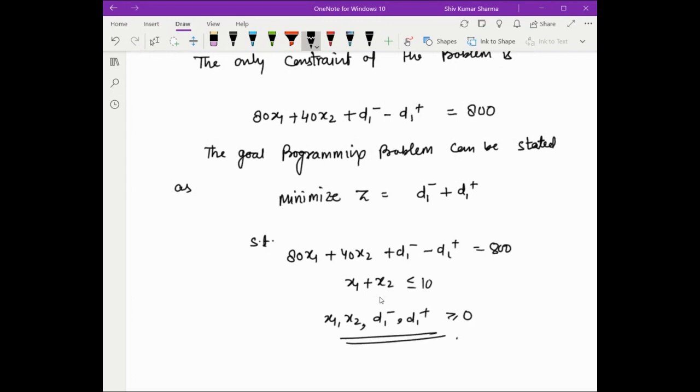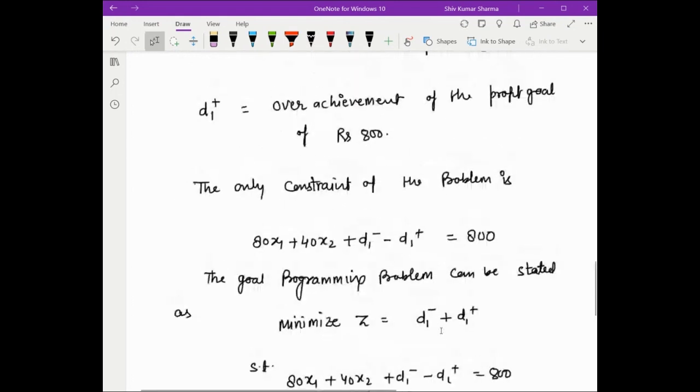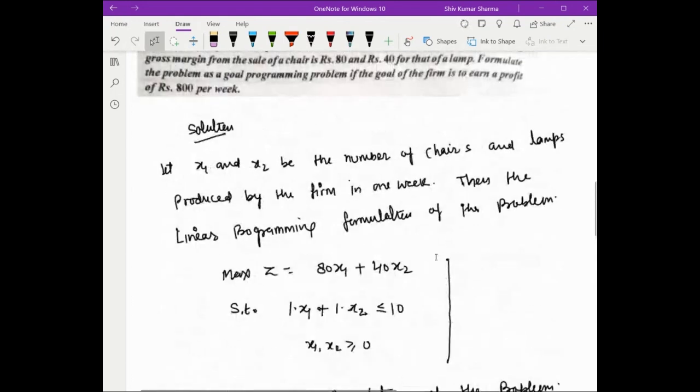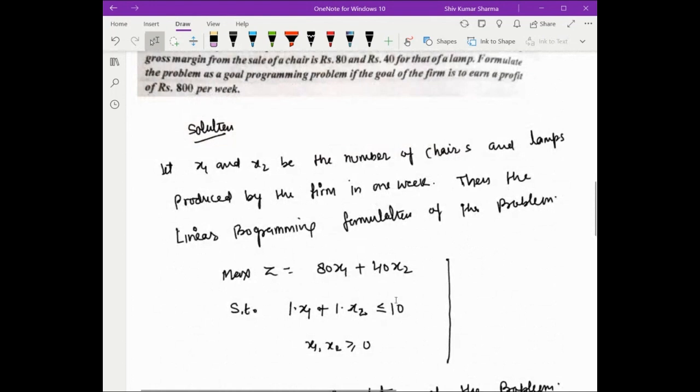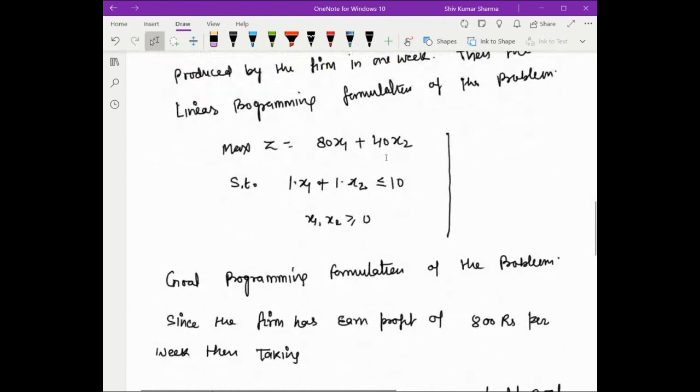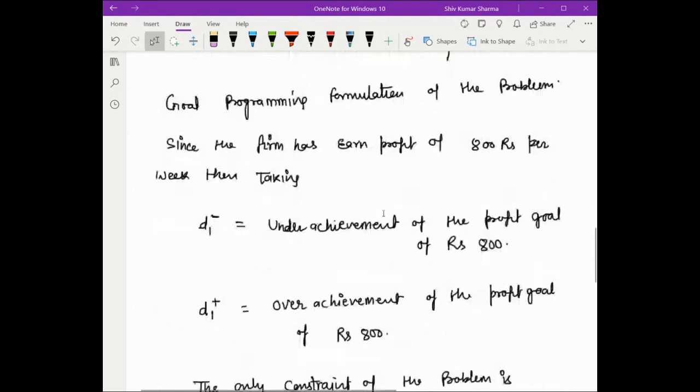So this is the formulation of the problem. We just formulated the problem of the production of chairs and lamps. First we write the linear programming problem, and according to it we formulate the problem, then we write the goal programming.